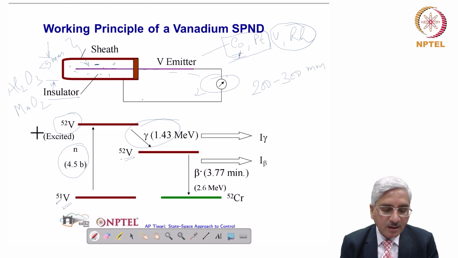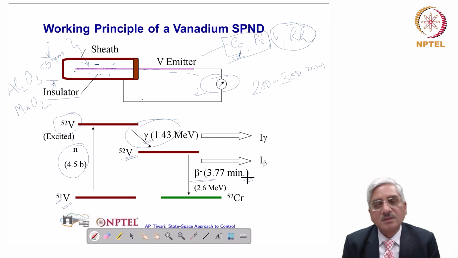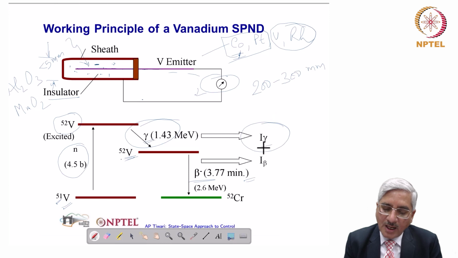It is in an excited state, it has more energy, so it releases gamma and comes to almost the ground state, and then it undergoes beta decay, thereby releasing an electron. And so there are two currents. One is this I gamma, the current dependent on this gamma through photoelectric, Compton and pair production effects.